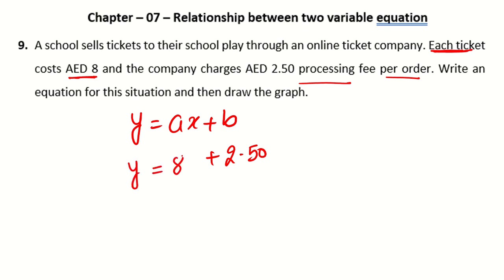So this is 8x. So 8 is the value of a and 2.5 is the value of b. Just remember one thing only, that a goes with each price, or price for one person, price for one ticket, price for 1 kilo, anything. Just for one quantity, that is a.